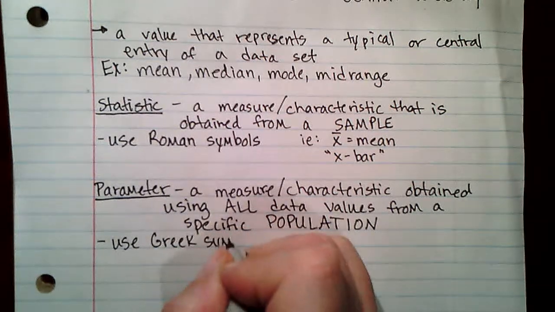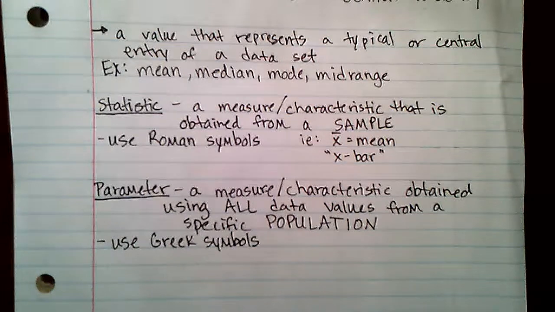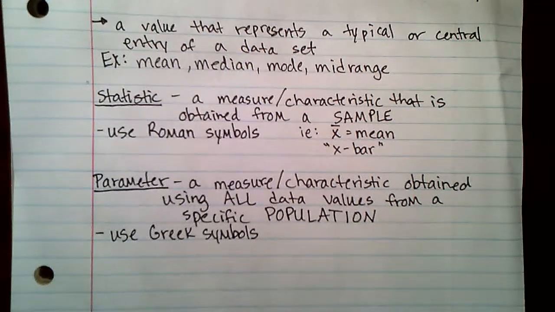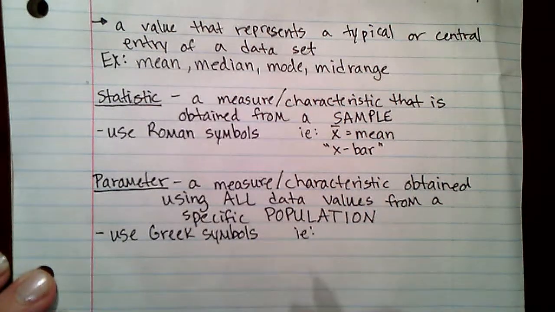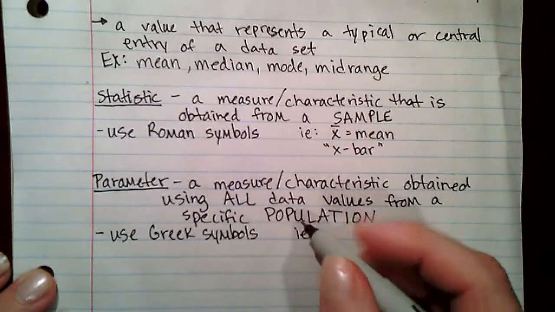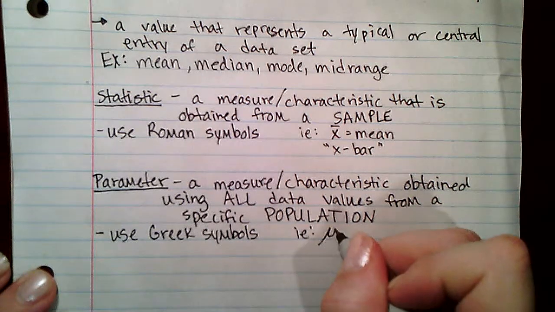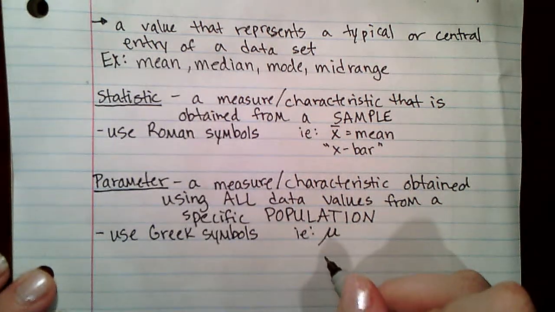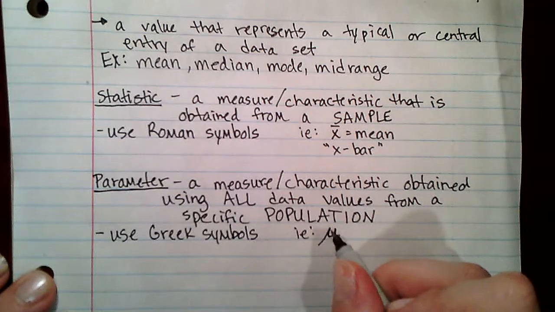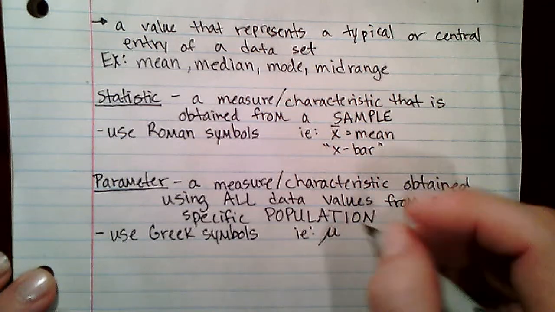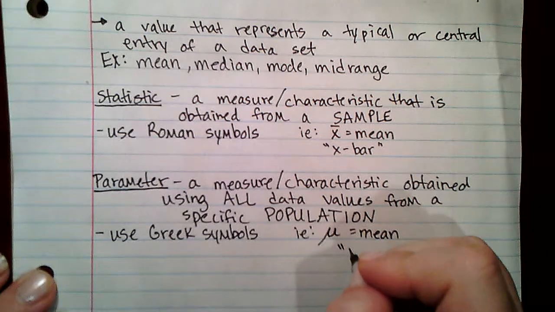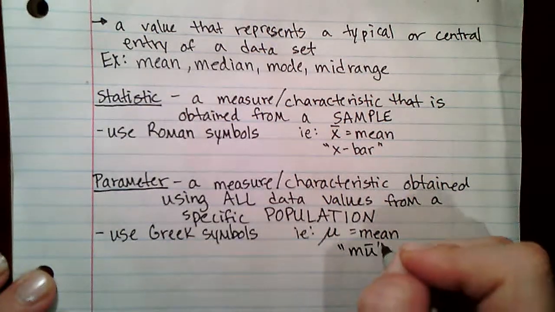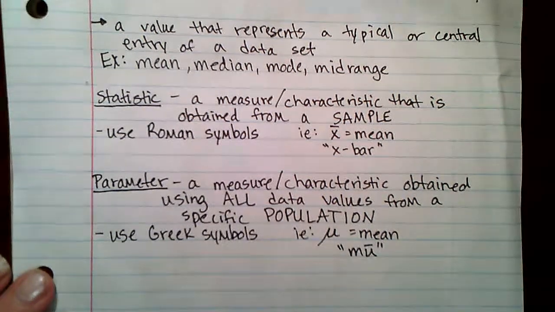So these will not be as familiar to you, and you'll definitely need to pay attention to the difference between which symbol is used. So the symbol for mean when you're working with population data or a parameter is this symbol right here. It's kind of a U with a longer left tail and a little curly right tail. This is mean, and it is read mu with a long U, mu.